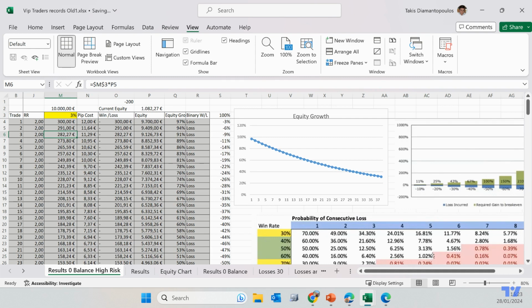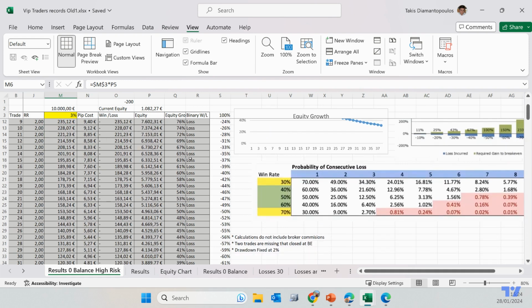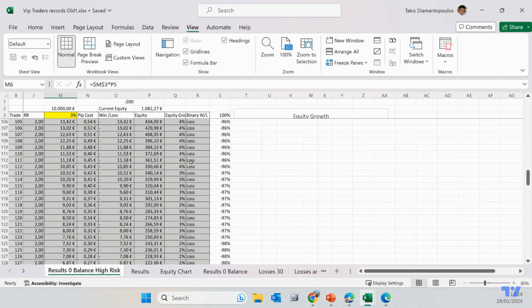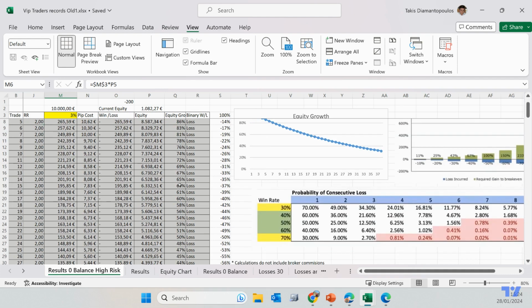Then to have 5 consecutive losses, it will be a probability of 1%, okay? And in order to empty my bank using this system, I need to go down many, many trades, but also to increase my bank, I need many, many trades.